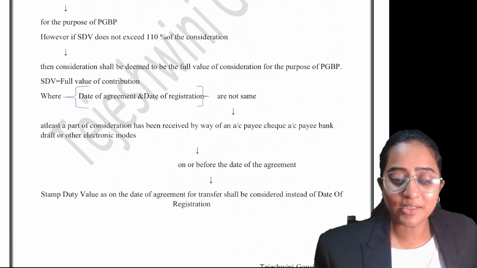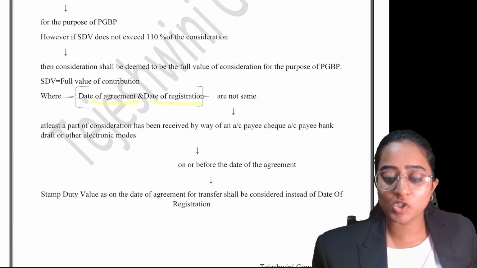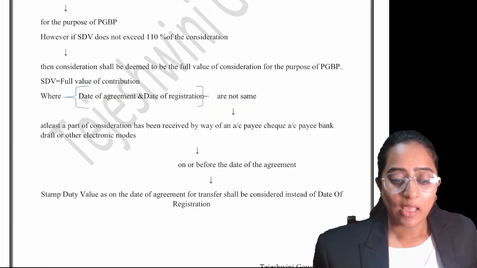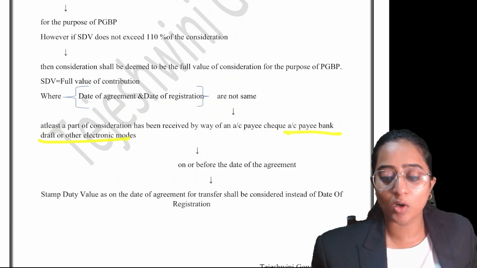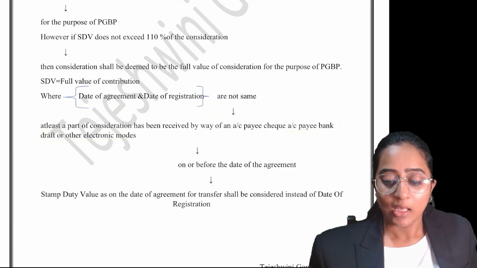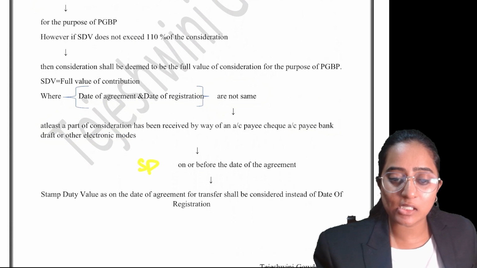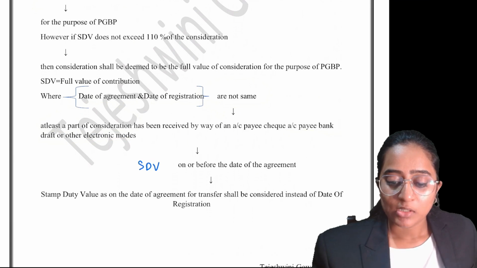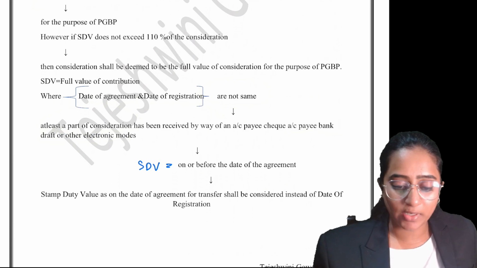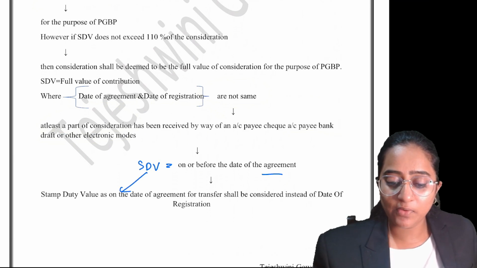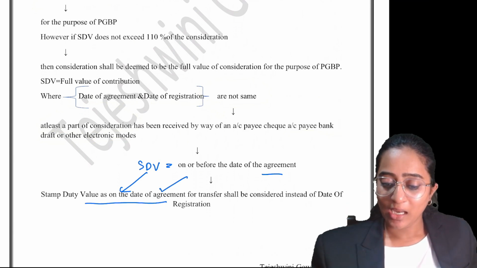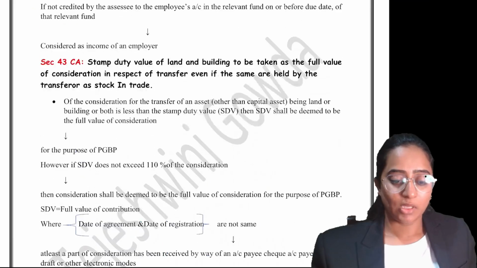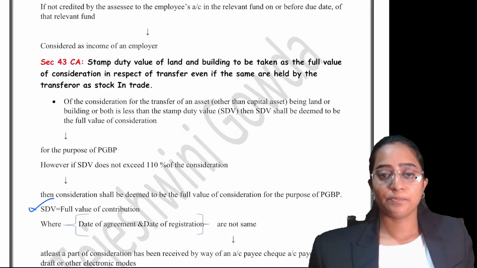Where the date of agreement and the date of registration are not the same, two different dates, and a part of payment has been made by account payee cheque, account payee draft or any other clearance mode, then the SDV shall be as on the date of agreement. Your SDV on the date of agreement would be considered as the SDV for the purpose of calculation instead of your date of registration.